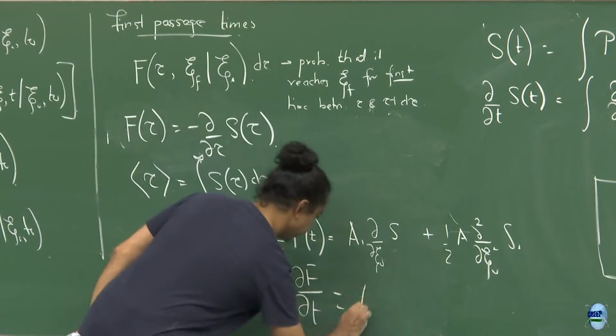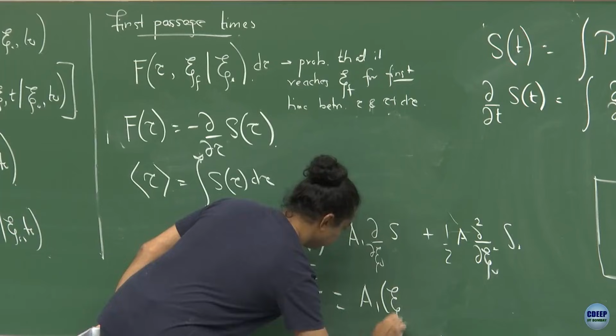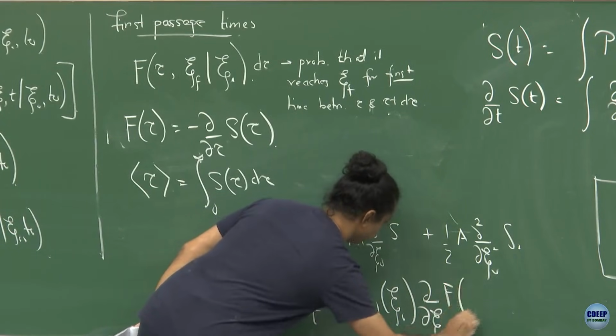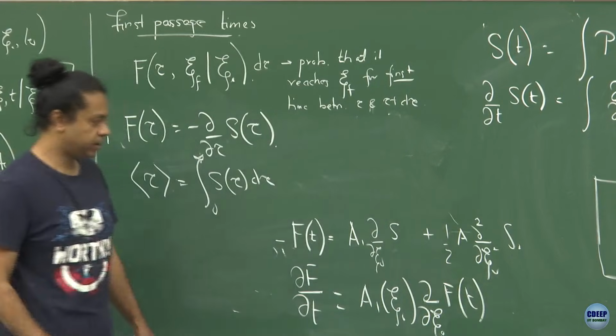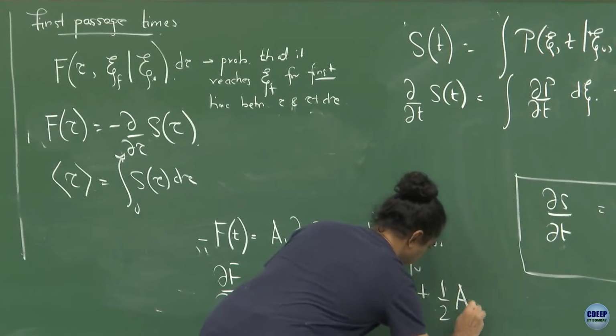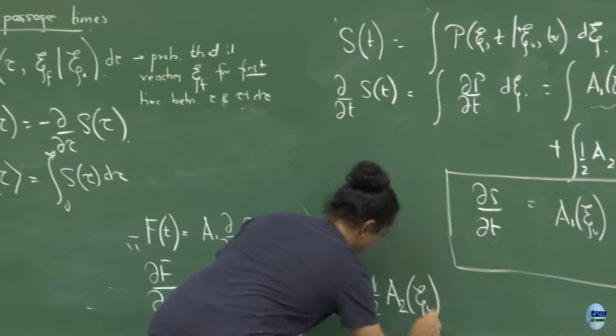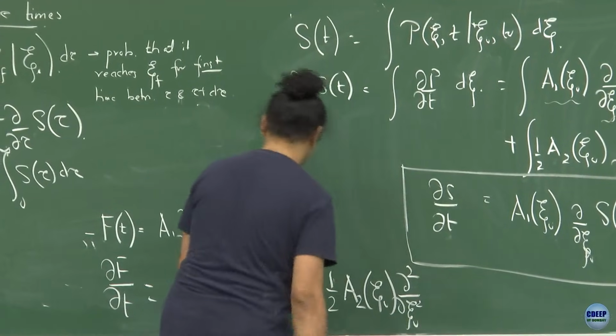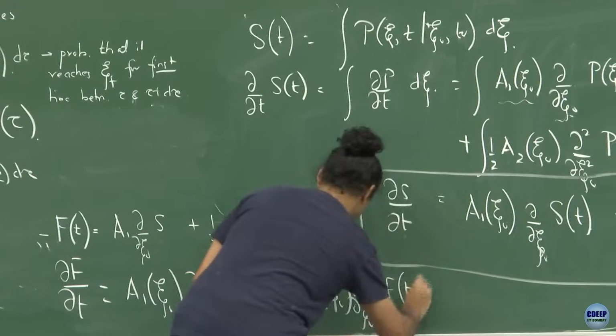So again a1 of xi naught del del xi naught of f of t, plus half a2 of xi naught del 2 del xi naught 2 of f of t.